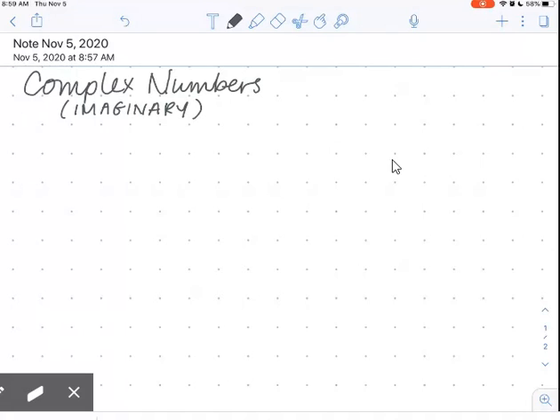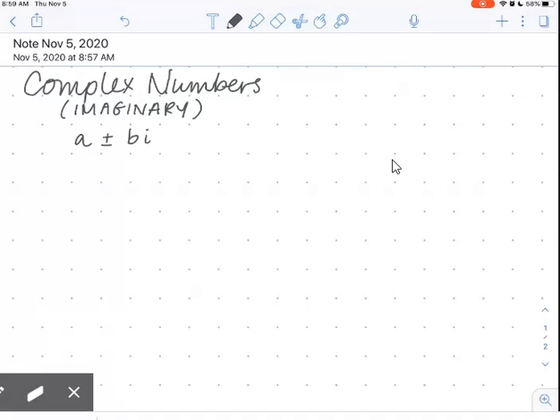So the first thing that I just want to put out there is that complex numbers, and this does become more important with the web homework site, the standard form for writing a complex number is this form, a plus or minus bi. So the order does matter.